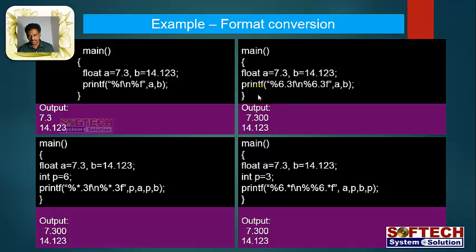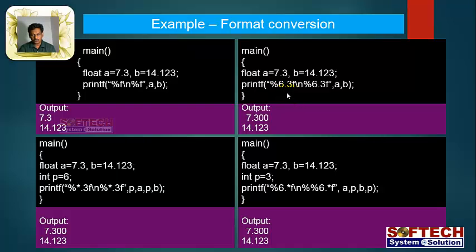It allocates only 6 locations, 6 positions. Within that 6 spaces, the dot is included, so it allocates 1 space for the dot. The remaining is 5. After the dot, it requires 3. So of the remaining 5, 3 are for after the dot and the remaining 2 for before the dot. So the total space is 6.